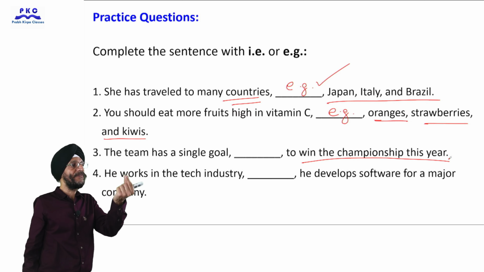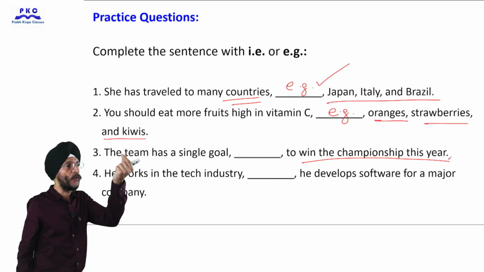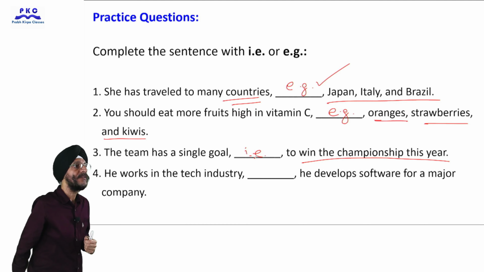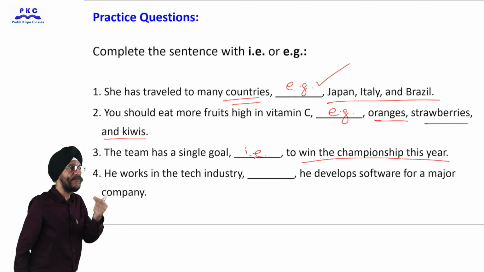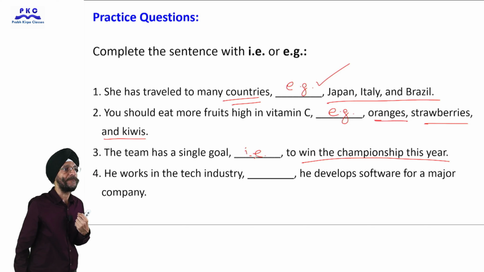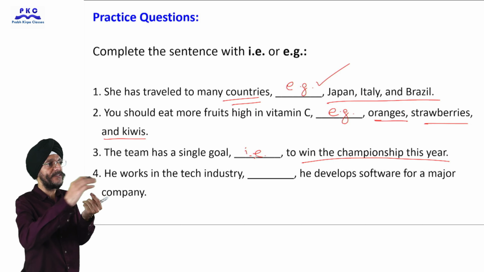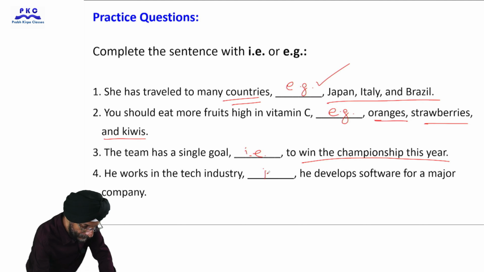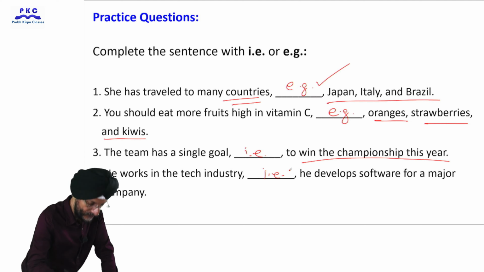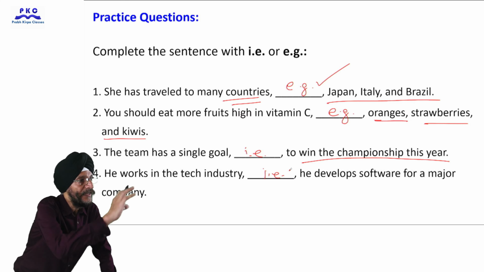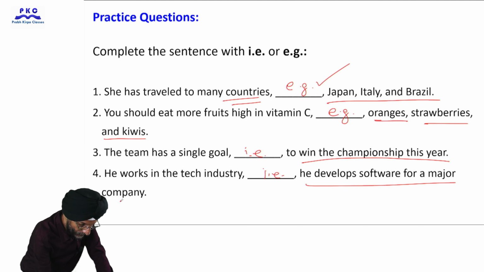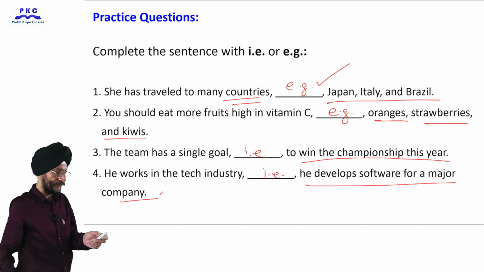Here we are clarifying what the goal of the team is. So here we'll use i.e. He works in the tech industry. We are here not giving the examples of the industry. We are clarifying what we want to mean by tech industry.